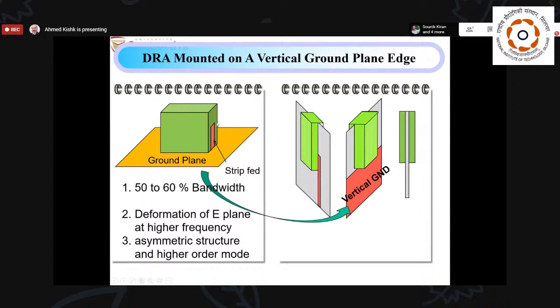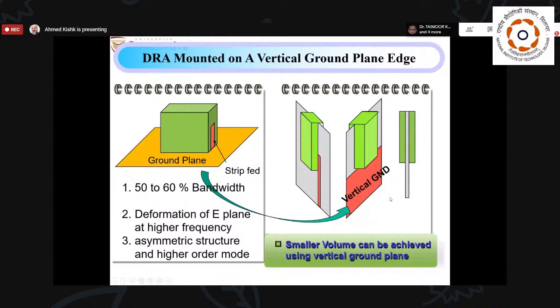So this is like having the excitation as a printed probe very close to the resonator. And this way, we can cut the substrate to house the high dielectric constant rectangular resonator as such.